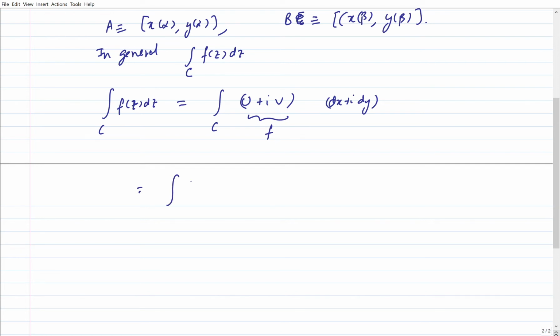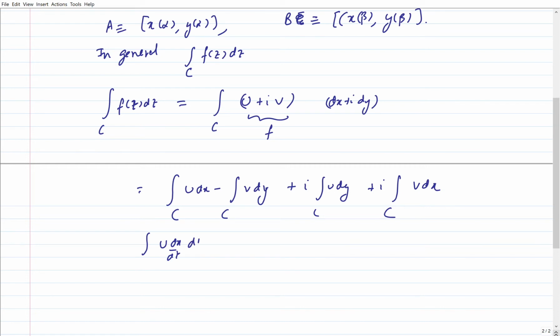This breaks into four integrals: u dx minus v dy plus iota u dy plus iota v dx, and that becomes u dx by dt minus v dy by dt times dt. Just expressing this as an integral over dt.